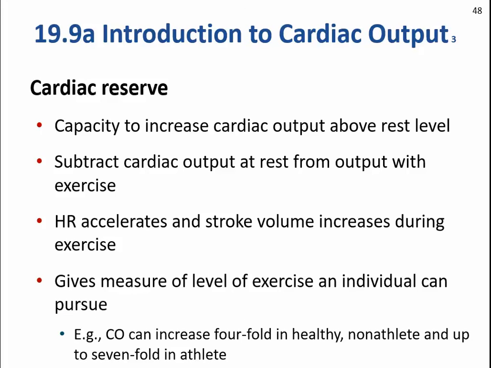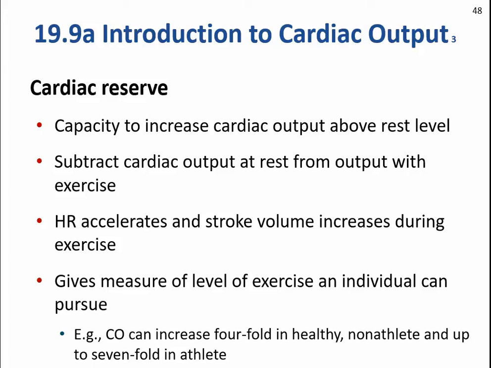So if you take the cardiac output at rest from the total output at exercise, you can have a huge amount of change. It's saying that in a really fit endurance athlete, you can have 7 times the cardiac output.